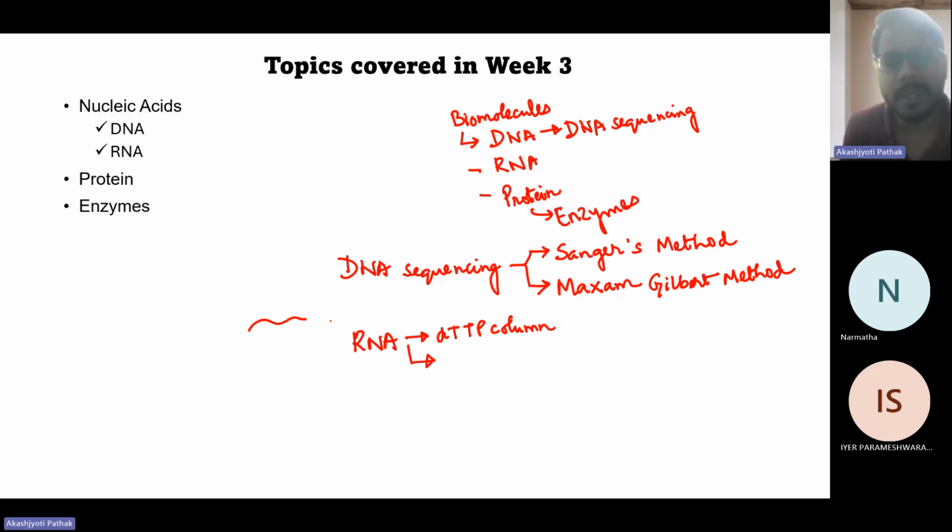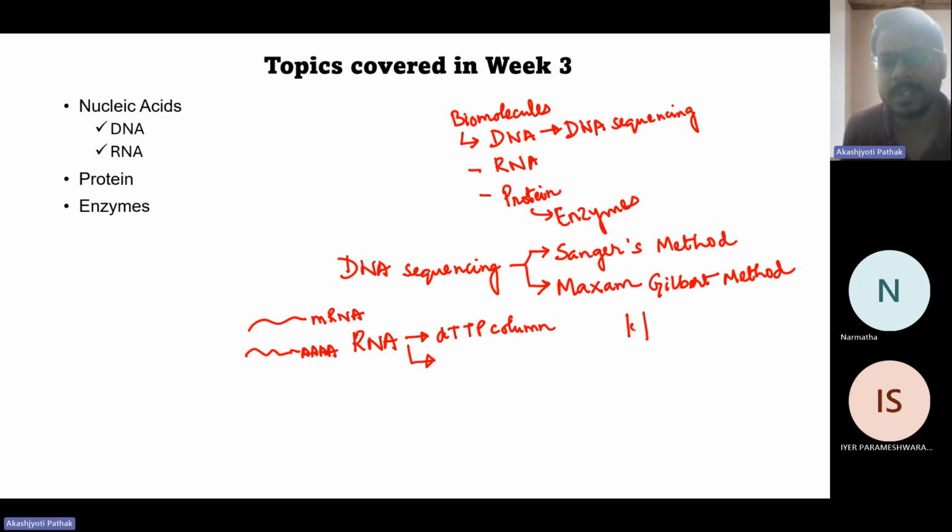The mRNA is the one that will be translated into protein, and these mRNA molecules have a poly A tail. So if we specifically want to purify the mRNA from the rRNA and tRNA, we use this oligo dT column.